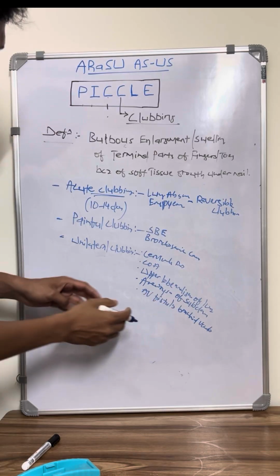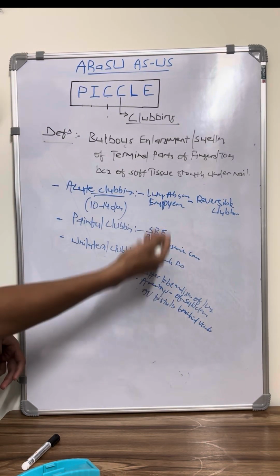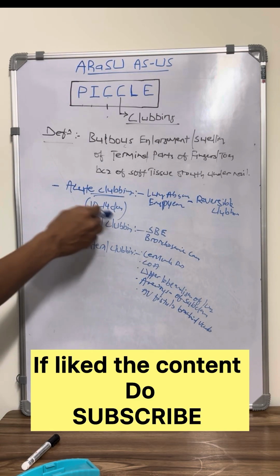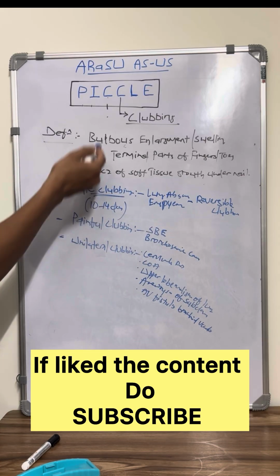Again this will lead to increased permeability, leading to the proliferation of hormonal products. So these are some MD level or postgraduate level discussions related to clubbing.